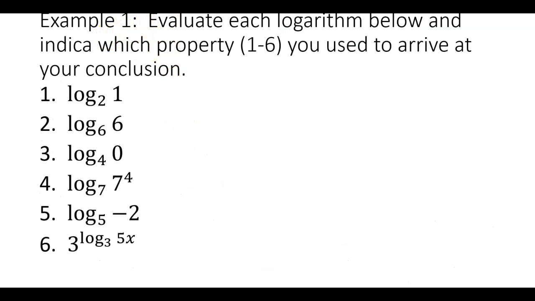We're going to do example 1. We're going to evaluate each one of these logarithms below, and we want to indicate which property, 1, 2, 3, 4, 5, or 6, was used to solve it. As for number 1 here, I'm noticing that my argument is a 1.